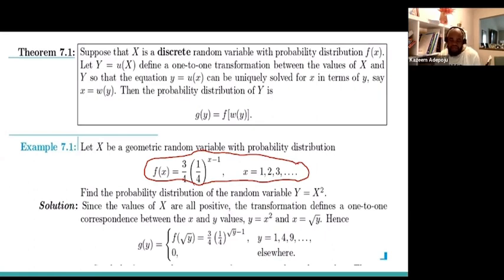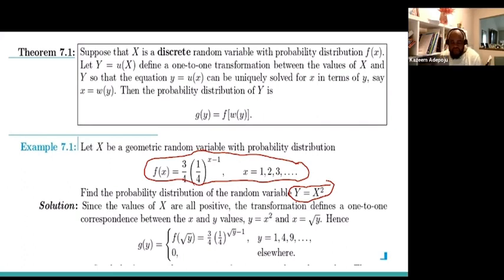That's a discrete. And of course, it's one variable, x, and we're seeking to get the probability distribution of a new variable y, and that's a function of x.